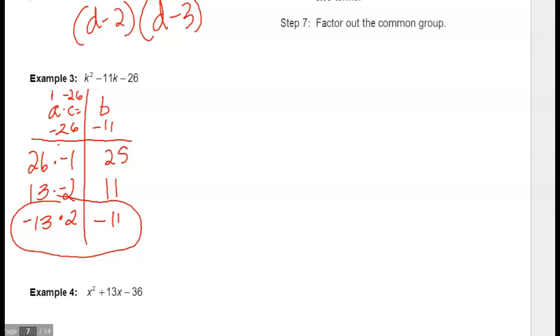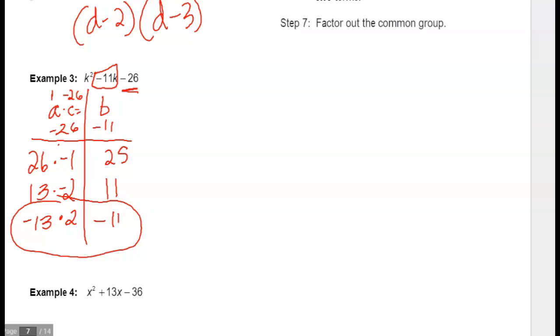So whenever you have a negative right here and a negative right here, that's the pattern you're going to have. The number has to be bigger, unlike this one down here in example 4. But if it's negative, negative, then the bigger number has to be negative in your a times c. Just a little hint.